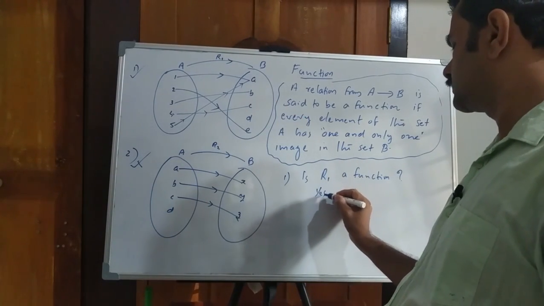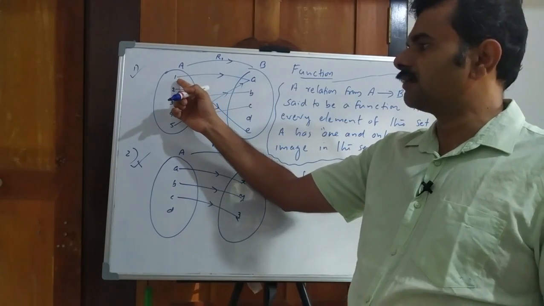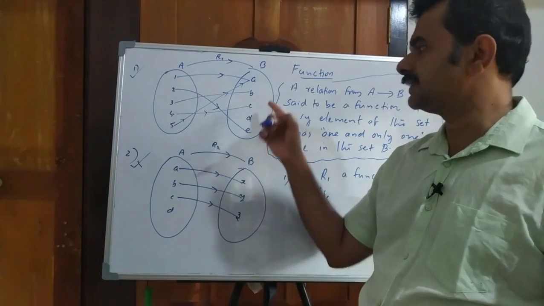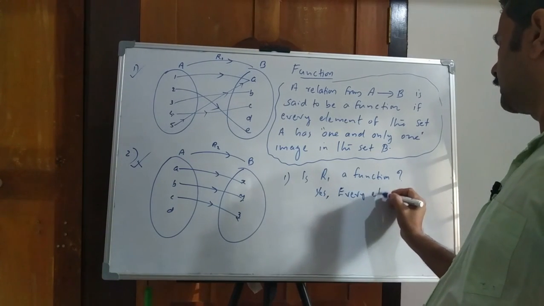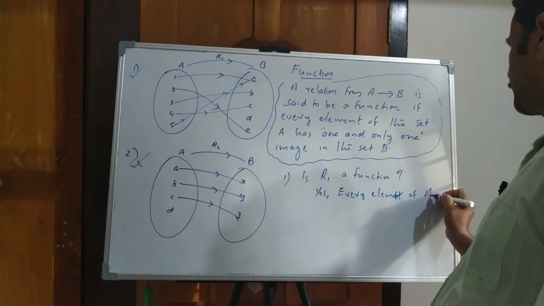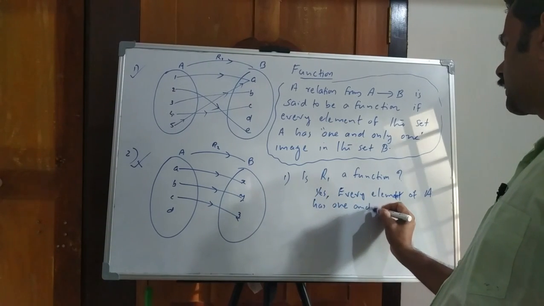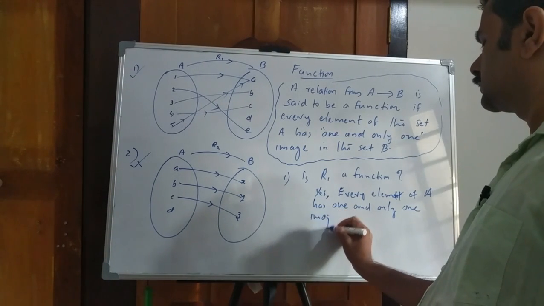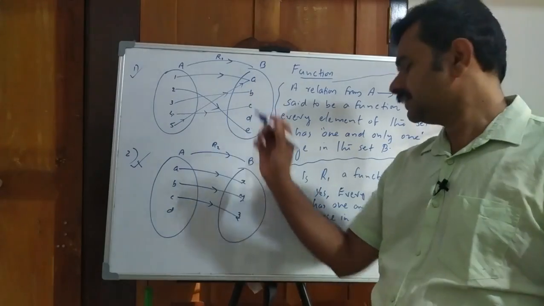Because every element of the set capital A has one and only one image in the set B. Every element of capital A has one and only one image in capital B. Therefore, R1 is a function.